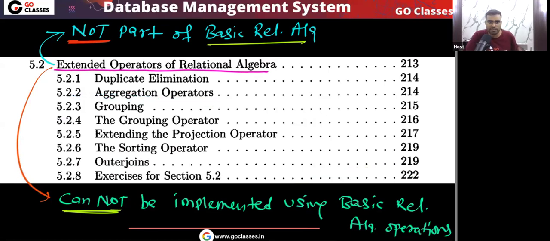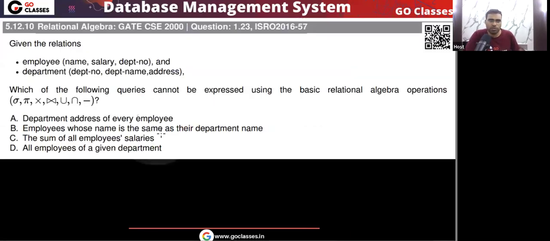Now you can easily see for this question, which cannot be expressed using basic relational algebra operations, the answer will be the summation of all the employee salary. What about this? Let me give you some more options. If option E is outer join, tell me about this.